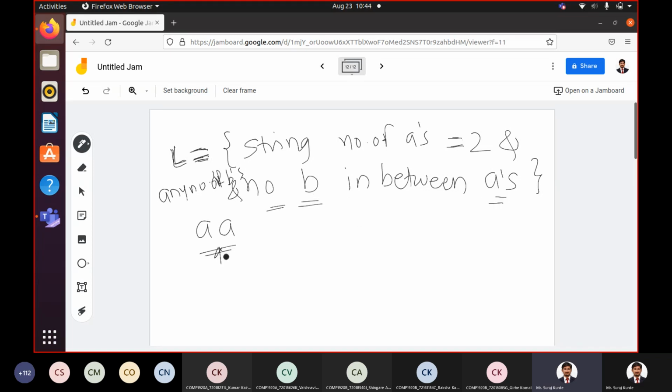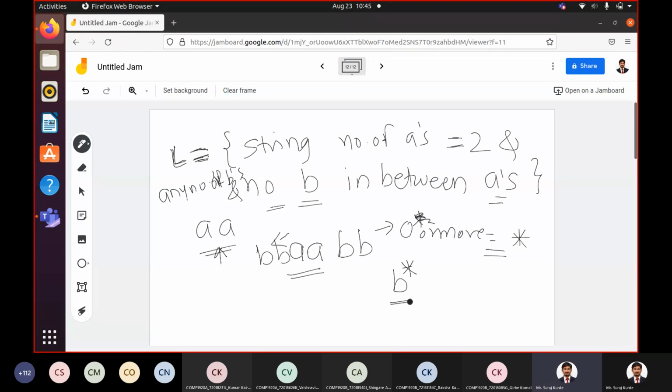That means in between A, I cannot write B. So wherever the first A is there, it should be followed by the second A, and then it can be followed by B. Again, at the start, I can have B. At the start and at the end, B can be there. It is repeated 0 or more times. That is star.